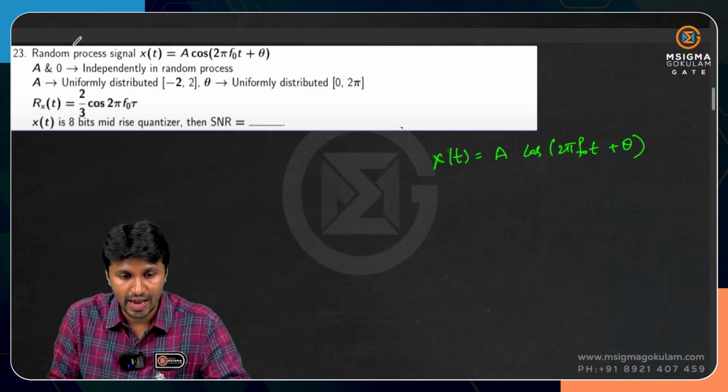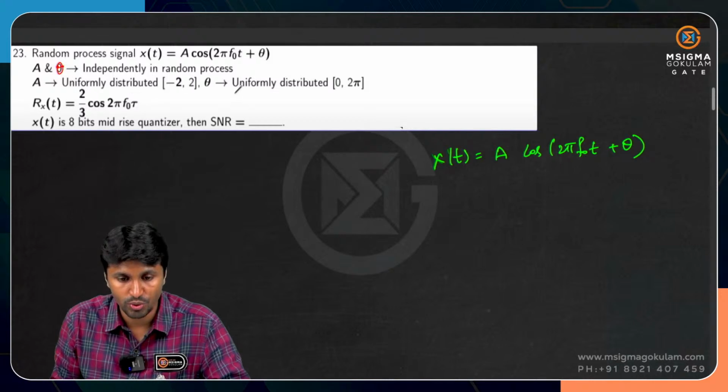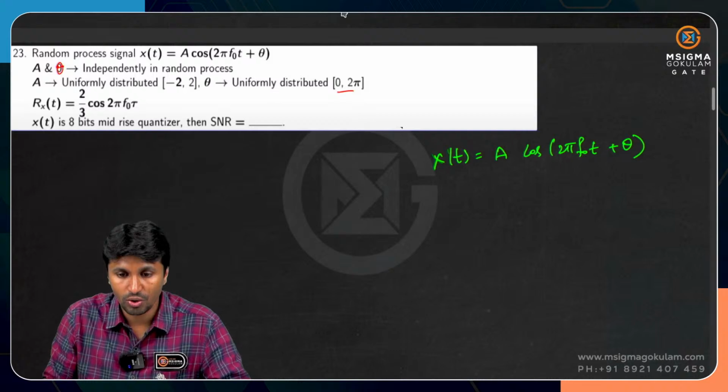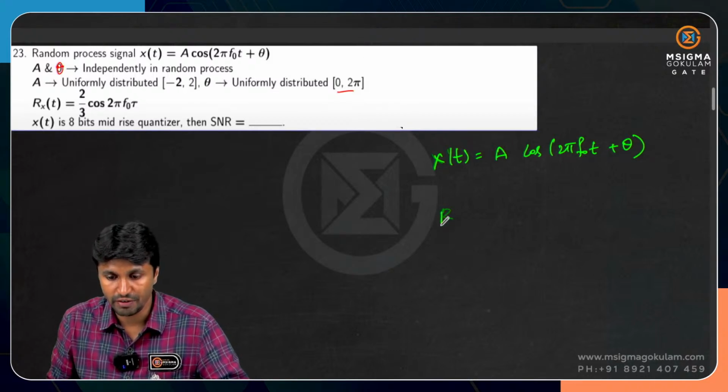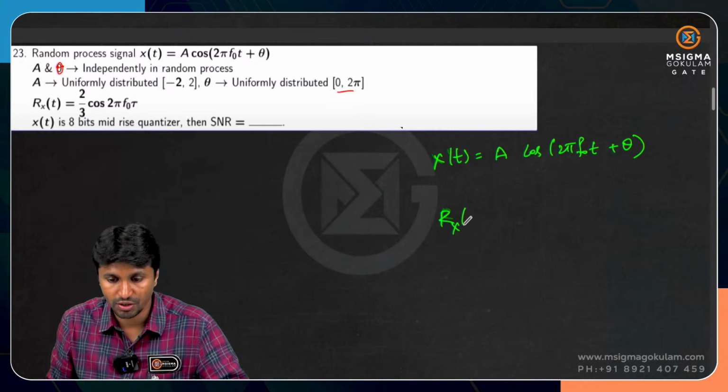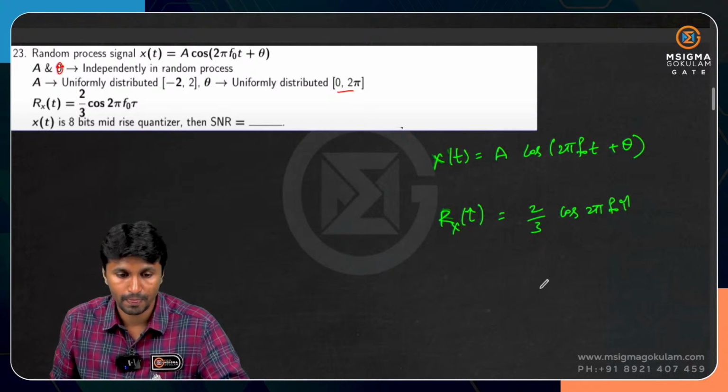Where A and theta are independent, and A is uniformly distributed in minus 2 to 2 and theta is uniformly distributed 0 to 2 pi, right? So the autocorrelation function of this random process is already given to you. Rx of tau is nothing but 2 by 3 cos 2 pi f naught tau, right?